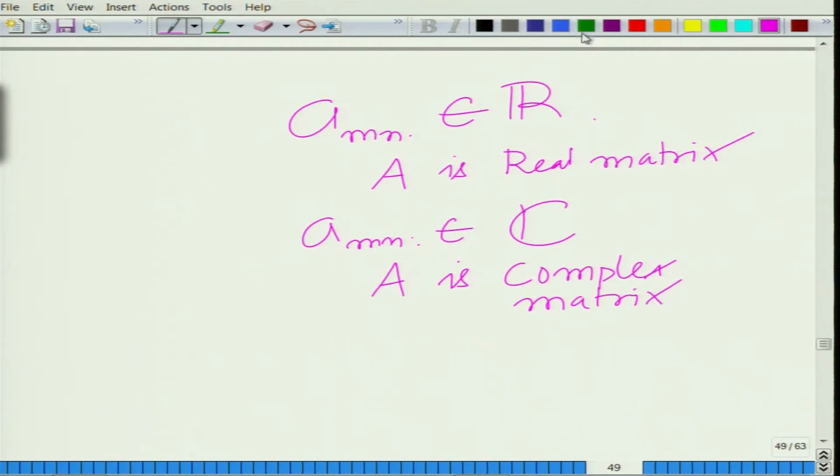The way to represent this is, we will say A belongs to the set of M cross N real matrices, right.